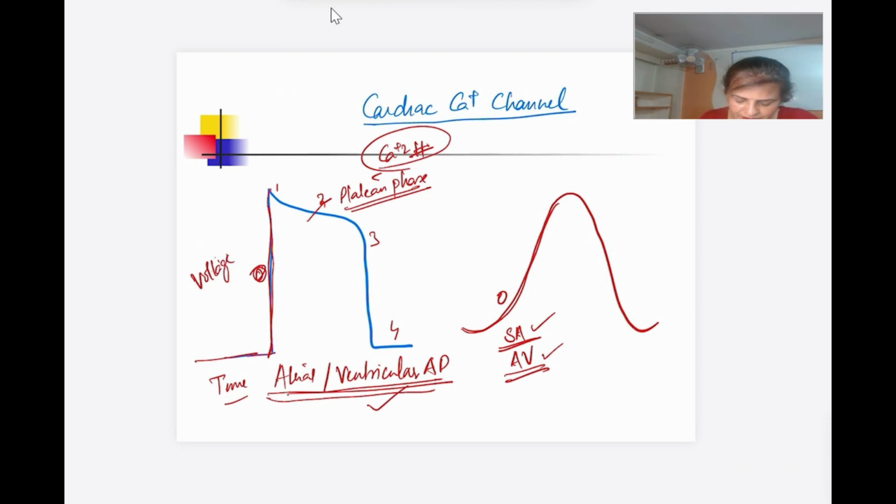So if you can see here in the atrial or ventricular action potential, phase 0 is dependent on the sodium ion. You can see there is an instant influx of sodium, whereas here it is going to take time. So calcium channels are slow channels.